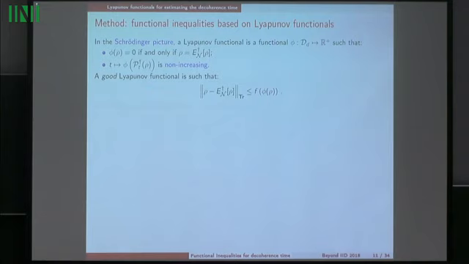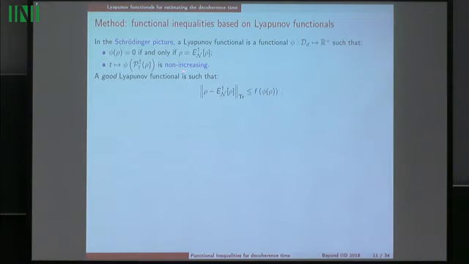Okay, so the basic idea that we will use is the following one. I want to use Lyapunov functionals. So what are they? I will introduce them first in the Schrödinger picture. A Lyapunov functional is a functional that acts on the states and maps them to a real number, and such that first they are zero if and only if rho is equal to its projection, so if you are already in the decoherence-free algebra.